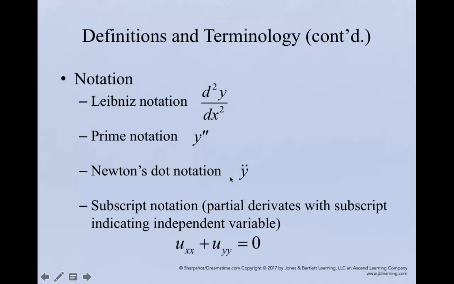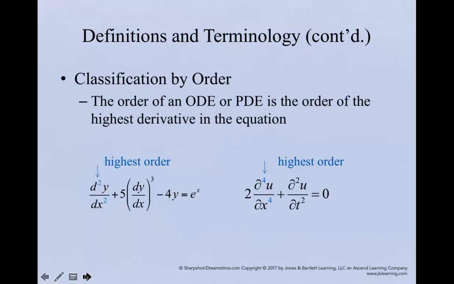Sometimes you do in textbooks, particularly mathematics textbooks, and sometimes in physics textbooks, but not as often as the first two types of notation. The subscript notation for partial derivatives is very unusual once you get outside of a math class, but I did want to show you this just in case, because there are some people in engineering and some subfields within engineering where this notation does show up as well.